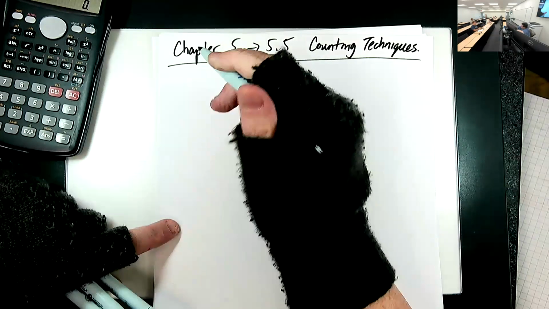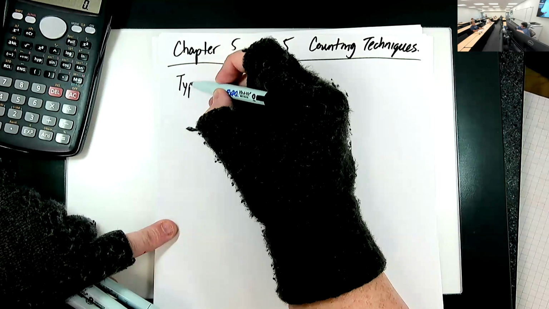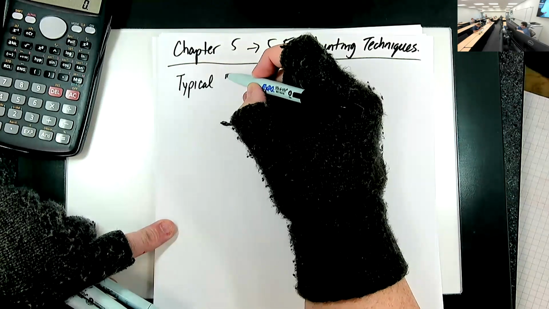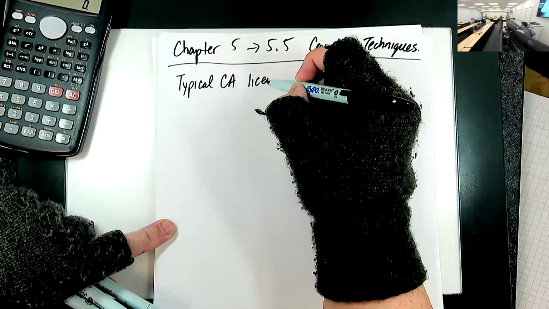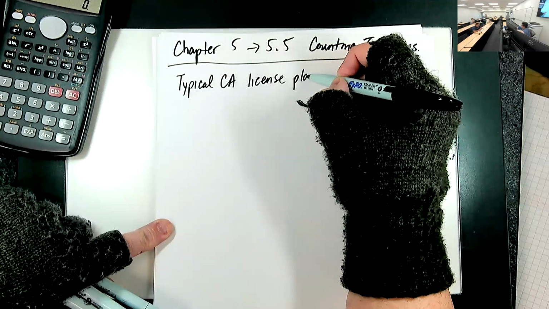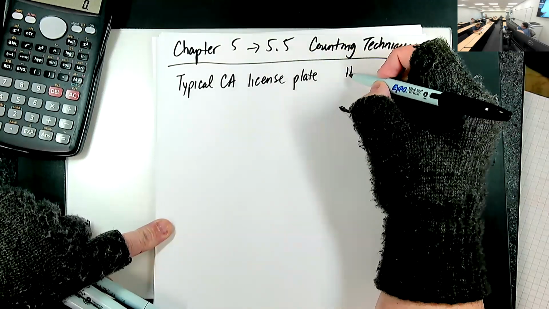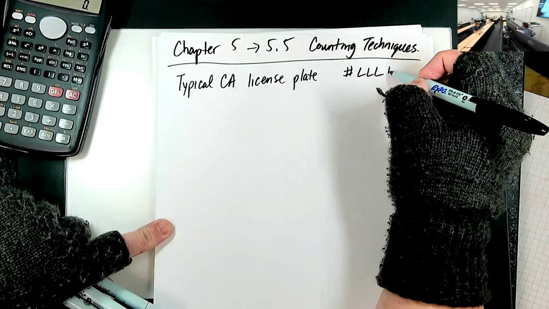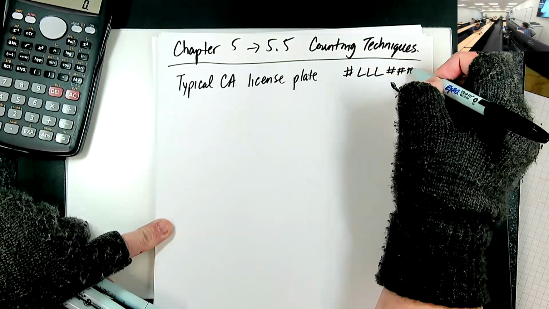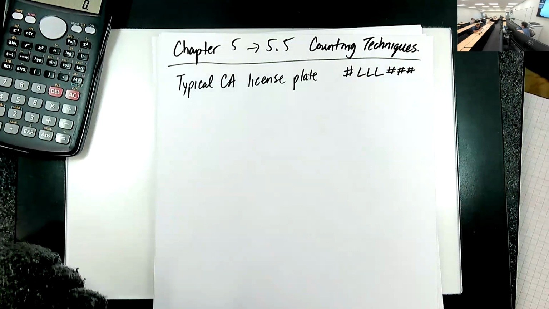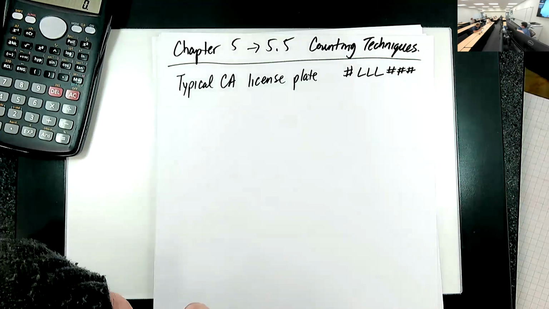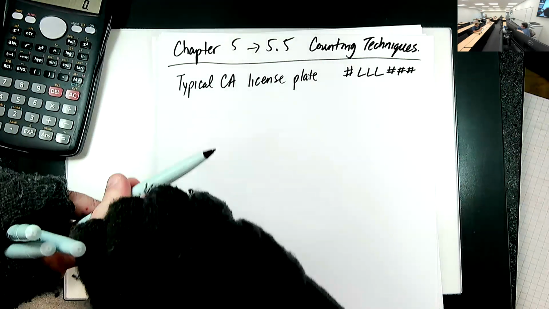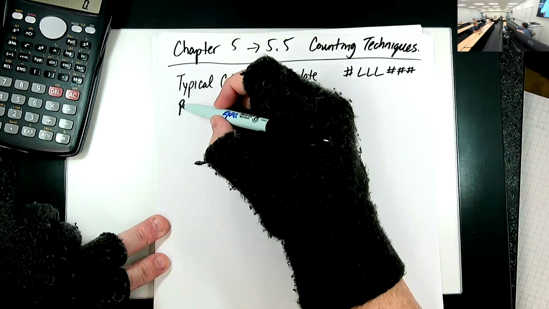All right, so like a typical California license plate comes in the form of a number and then 3 letters and then 3 numbers. This is your default setting on a license plate. How many different combinations are possible?